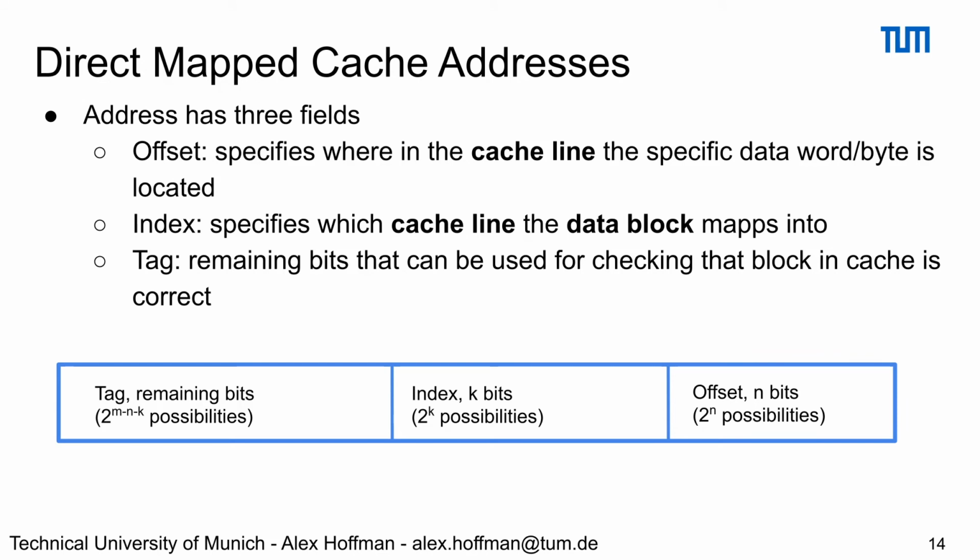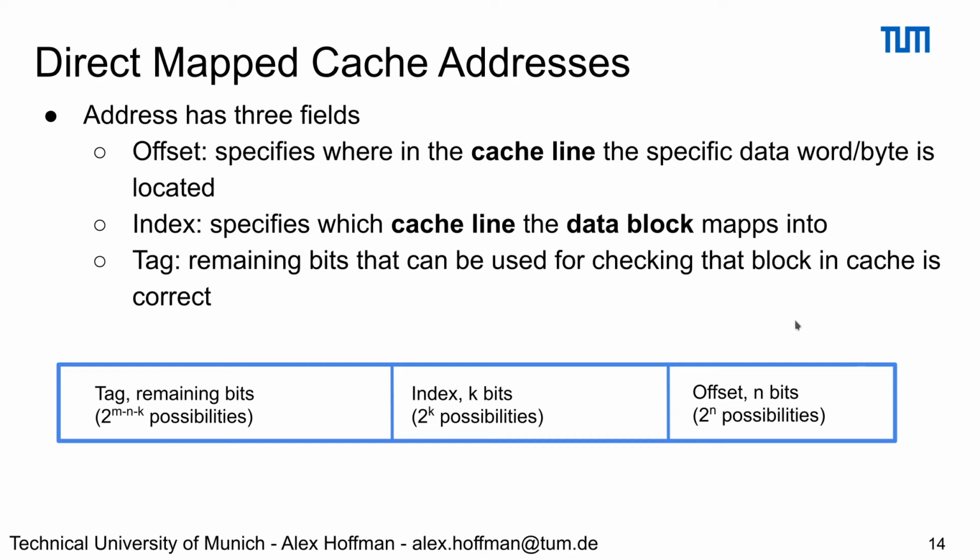I need to specify exactly which byte I want. And so that's what the offset does. It tells you, if my block is in memory, how far down from the top of the cache line do I have to iterate to get the exact byte I'm interested in. It specifies where in the cache line the data, word, or byte is located.